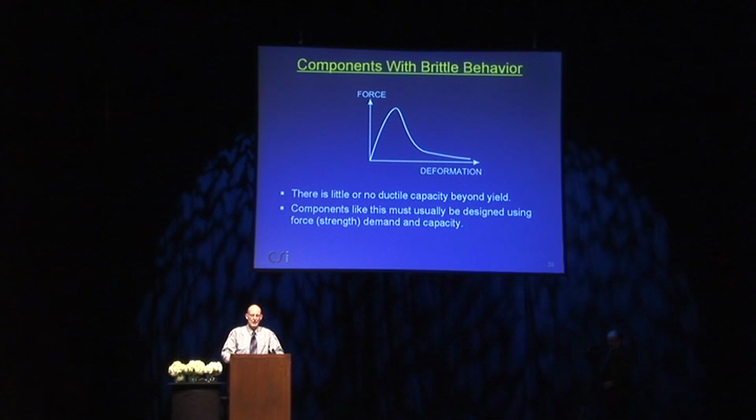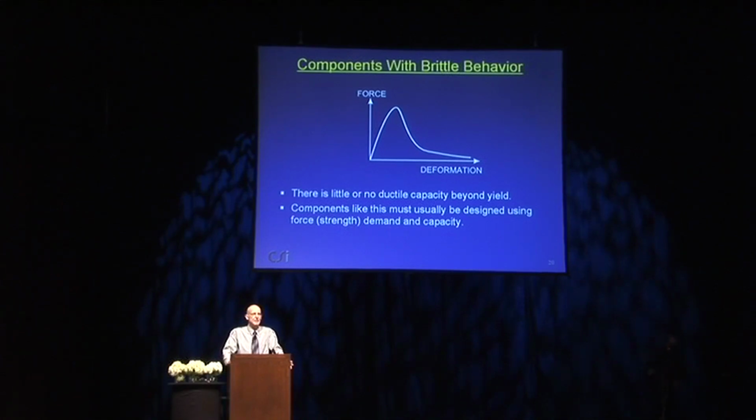So when you do deformation-based design, some components, the ductile ones, are going to be checked based on ductility, on deformation demand capacity ratio. Some other components, the brittle ones, are the ones that you decide will remain elastic even though they may not be brittle. Those would be checked based on strength or force, demand versus capacity.